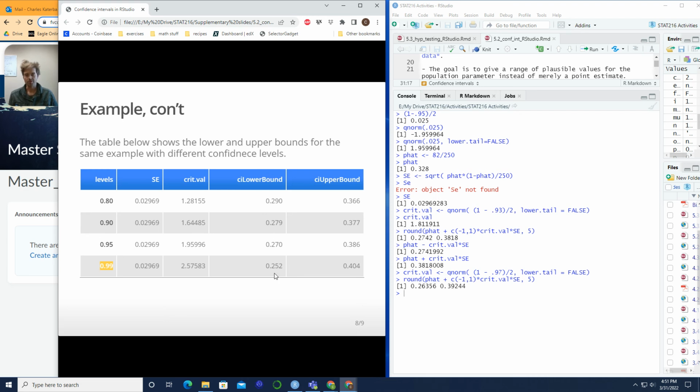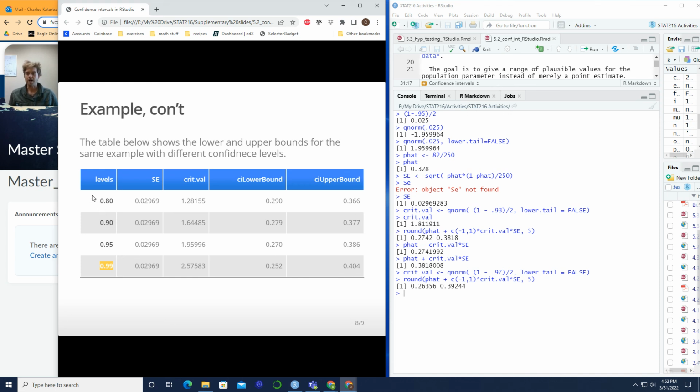The left number here is the lower bound of our confidence interval, and the right is our upper bound. So as we increase our confidence level, notice that our lower bound is decreasing. That's saying that the confidence interval is getting wider on that side, and the upper bound is also increasing. So the lower bound decreases and the upper bound increases, giving us a symmetrically wide confidence interval.